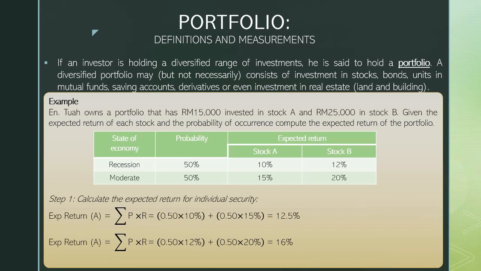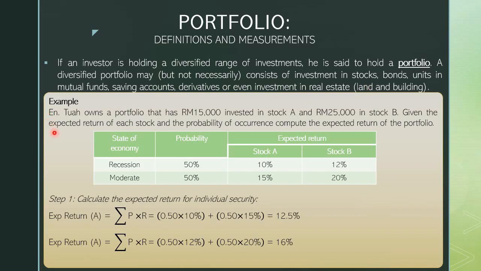A well-diversified portfolio may be, but not necessarily, consists of investment in stocks, bonds, units in mutual funds, savings accounts, derivatives, investment in real estates, or you can also diversify your stock into different types of security industry, like you hold stock in the consumer product, and you also hold stock in real properties companies. Then we can diversify our investment.